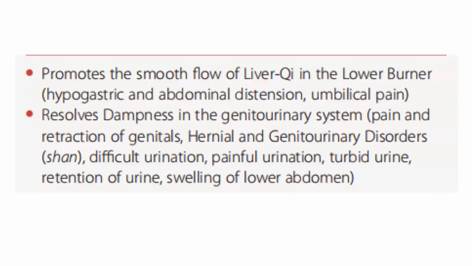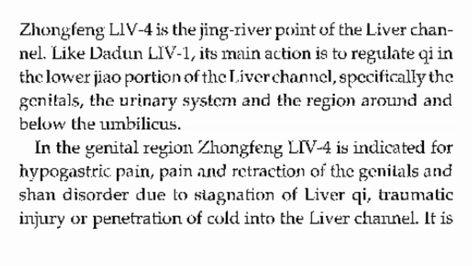Liver 4 promotes the smooth flow of liver qi in the lower burner, so it's good for hypogastric and abdominal distension, umbilical pain. It resolves dampness in the genitourinary system, so it treats pain and retraction of the genitals, hernial and genitourinary disorders, difficult urination, painful urination, turbid urine, retention of urine, and swelling of the lower abdomen.